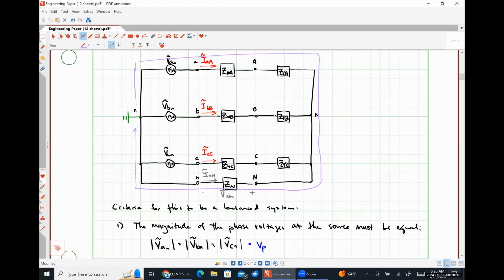Okay. So what would the total voltage drop across the series combination of those two impedances be? Where is VAN in your equation?